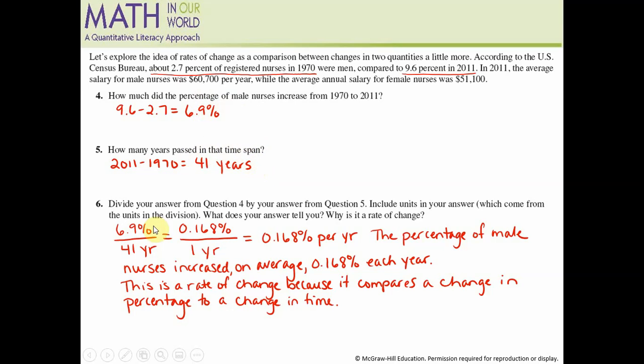Instead of saying 6.9% over 41 years, I'm going to do the division, 6.9 divided by 41, which gives us 0.168% per year. So that "per" means a division. That year is in the bottom. So the percentage of male nurses increased on average 0.168% each year. This is a rate of change because it compares a change in one thing, percentage, to a change in a second variable, which is time.